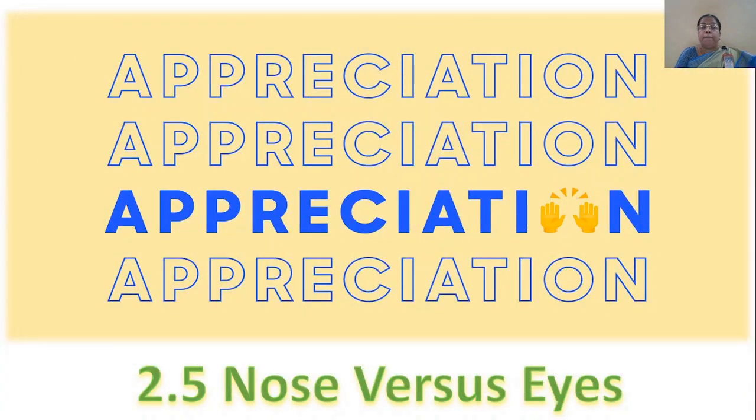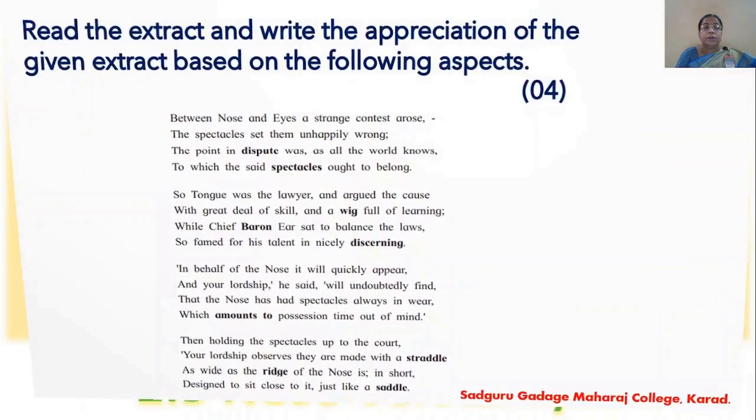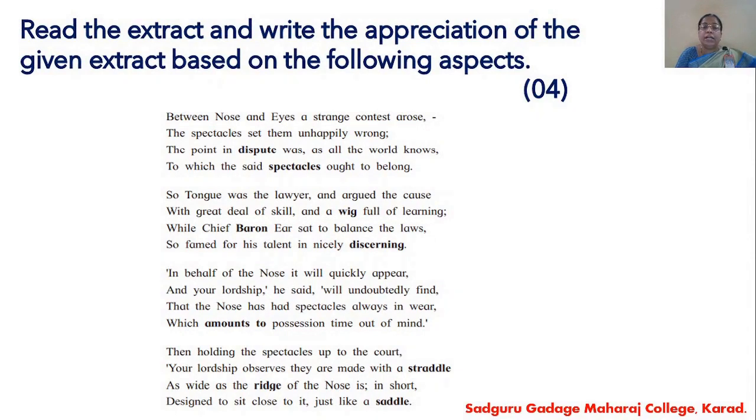Let us see appreciation of the poem Nose versus Eyes. In your activity sheet, there will be one question for 4 marks based on the appreciation of the poem. Question will be like this: read the extract and write the appreciation of the given extract based on the following aspects.